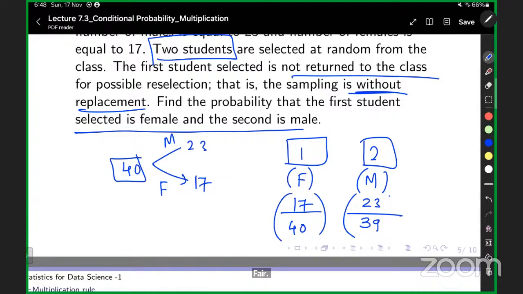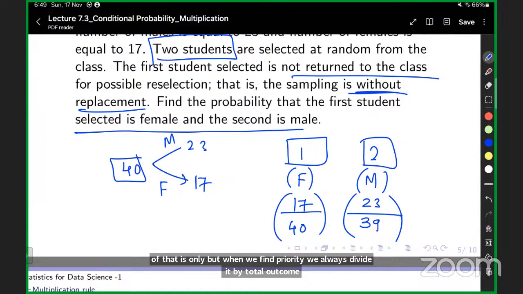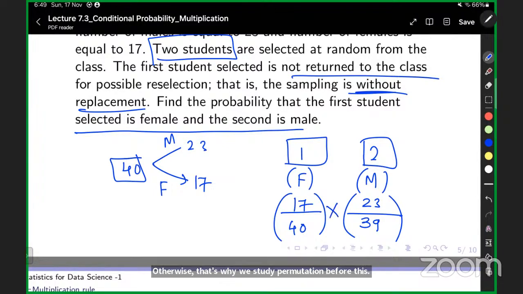Yes, you can say that. But when we find probability, we always divide by total outcomes. That's why we study permutation before this. And we use multiplication because we do this and second, so whenever 'and' is there, we do multiplication.